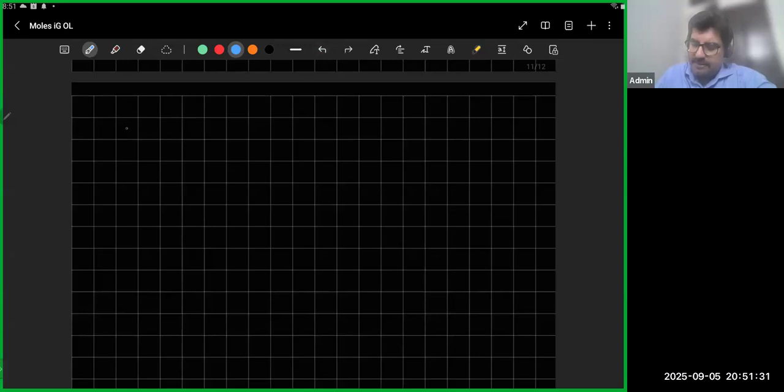So let's say 10 grams of aluminum carbonate, make sure you have your calculators ready. 10 grams of aluminum carbonate reacts with, let's say, nitric acid.